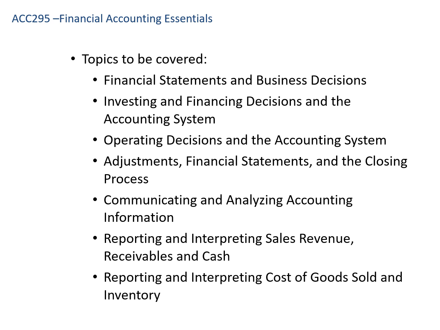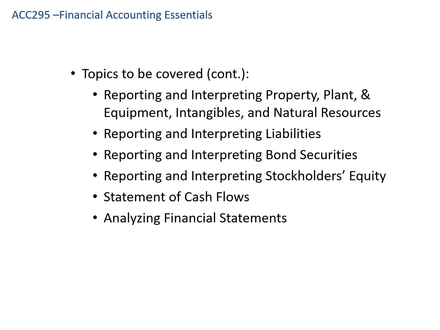I'll cover communicating and analyzing accounting information, reporting and interpreting sales, revenues, receivables, and cash. Those 3 things are all connected to each other. Reporting and interpreting cost of goods sold and inventory, so if it's either a merchandising company or a manufacturing company. I'll talk about reporting and interpreting property, plant, and equipment, intangibles, natural resources.